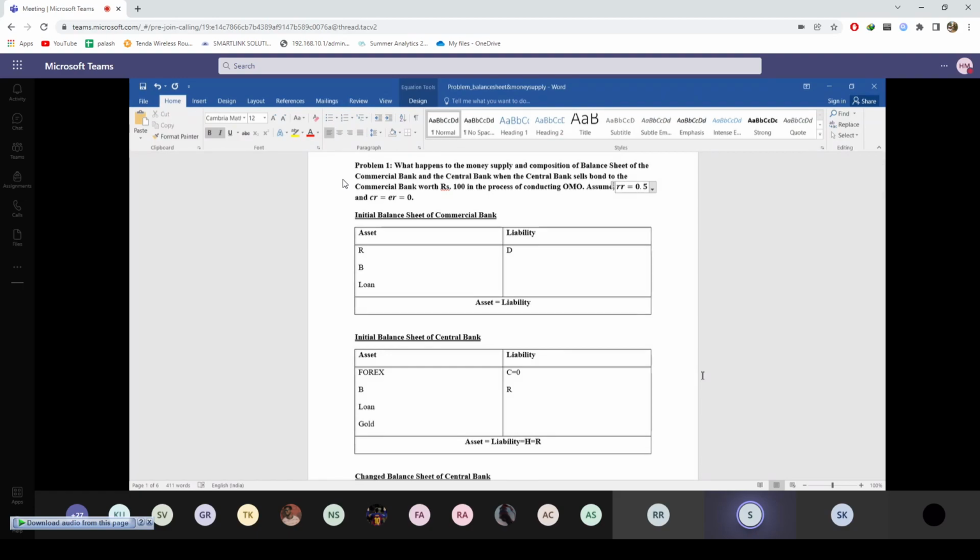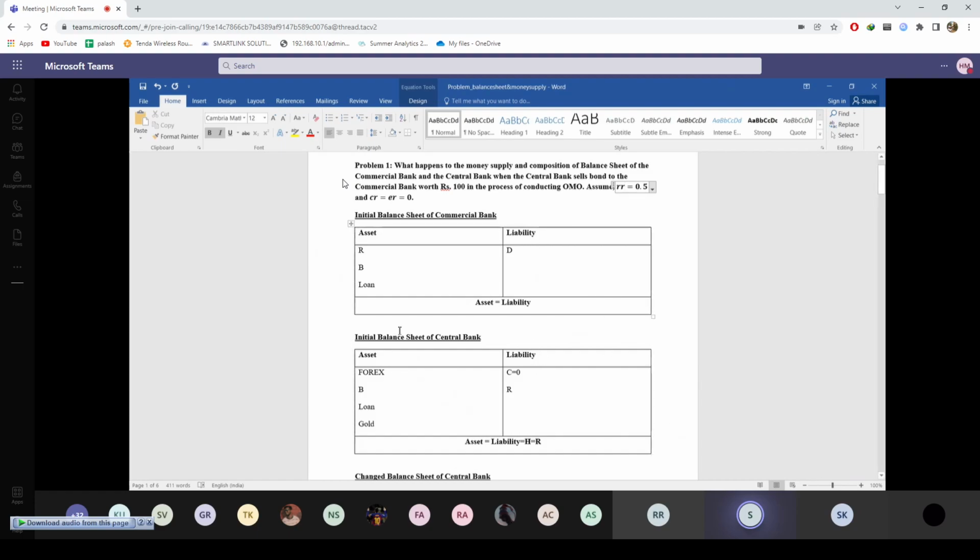Throughout this problem, we will assume that the required reserves ratio is 0.5 and the currency reserve ratio and the excess reserves to deposit ratio are 0.